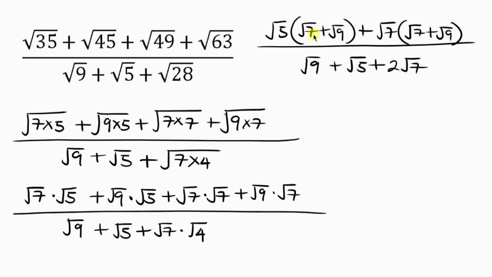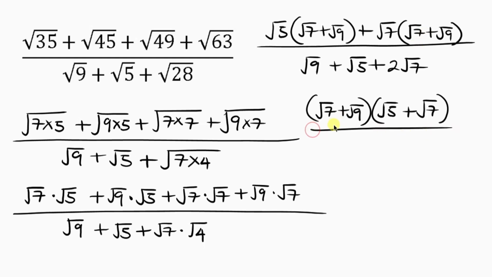And also notice that from the numerator, the square root of 7 plus the square root of 9 is common, which can be factored out. So factorizing that out, now this divided by this, I have the square root of 5, plus this divided by this, I have the square root of 7. So I've been able to factorize the numerator.